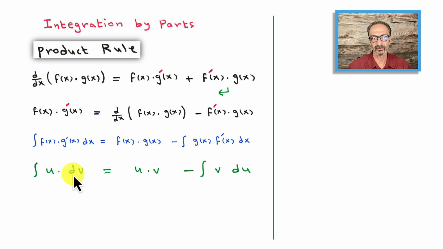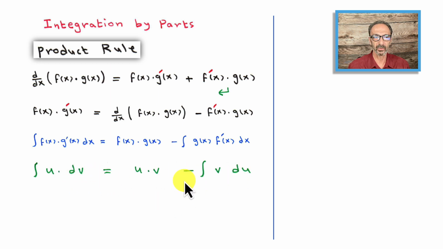So integration of dv will take you back to v. Integration of g prime dx will take you back to g, minus the integration of g, and g is v, f prime dx will be du, because we called f of x u. That's kind of in short.